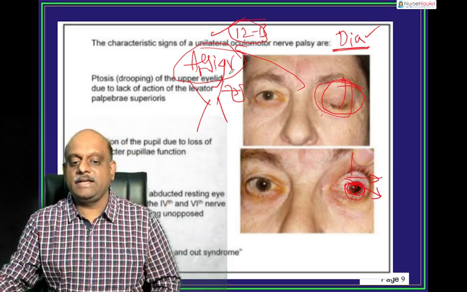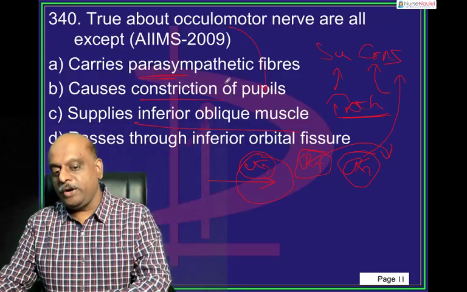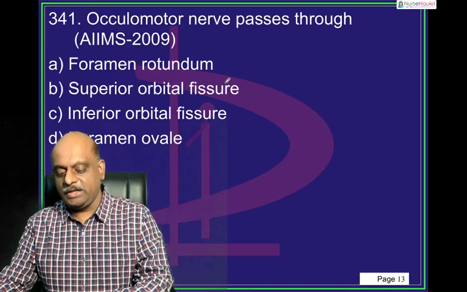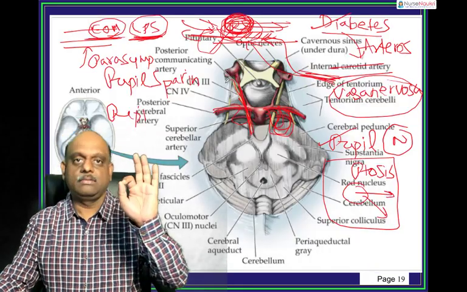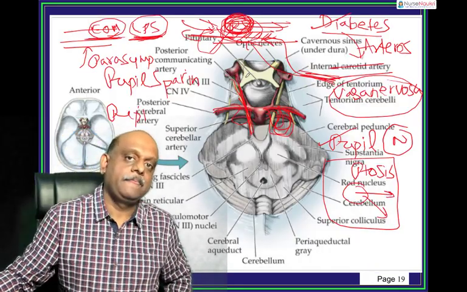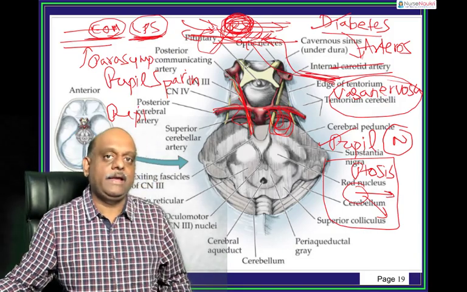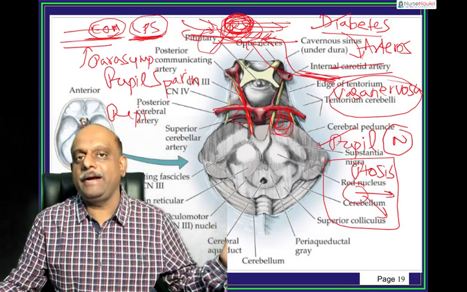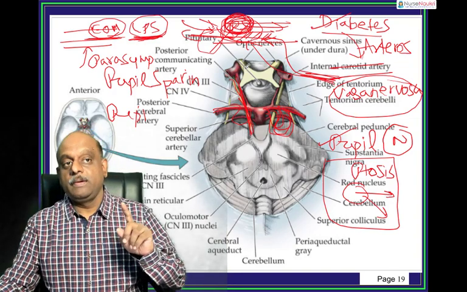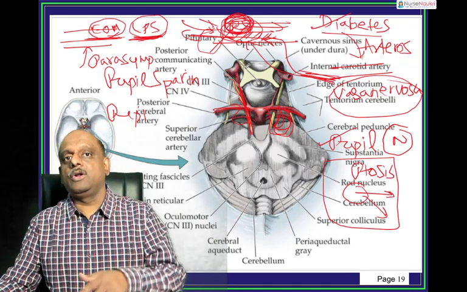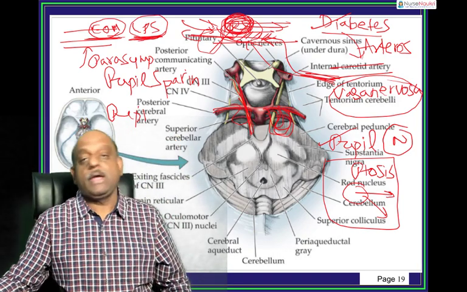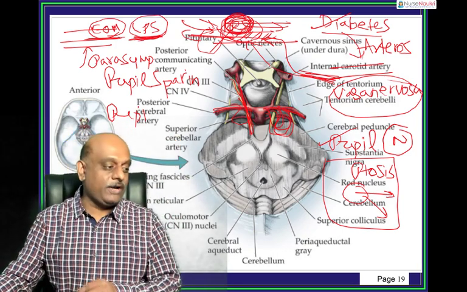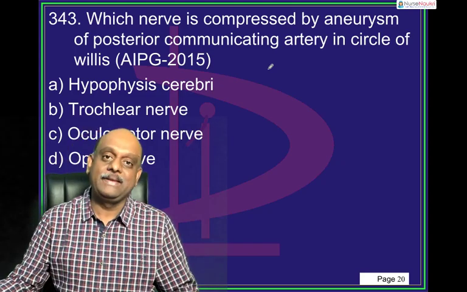So that is the reason the most important point you need to remember is that in medical causes the pupil will be spared in oculomotor palsy. Pupil involving oculomotor palsy is because of surgical causes like PCOM aneurysm is what you have to ultimately remember.